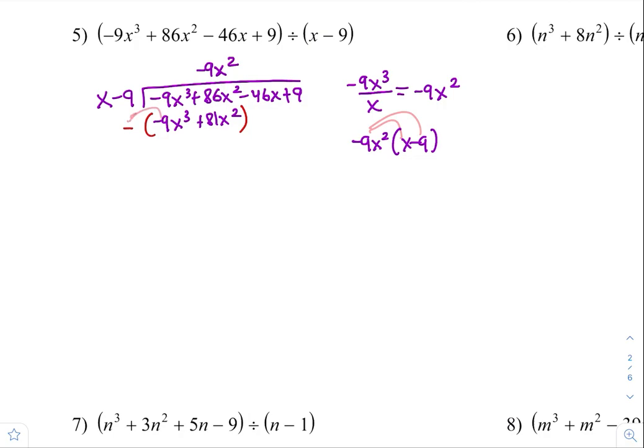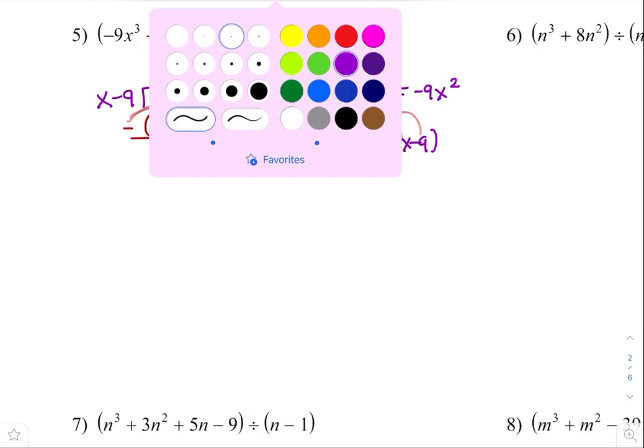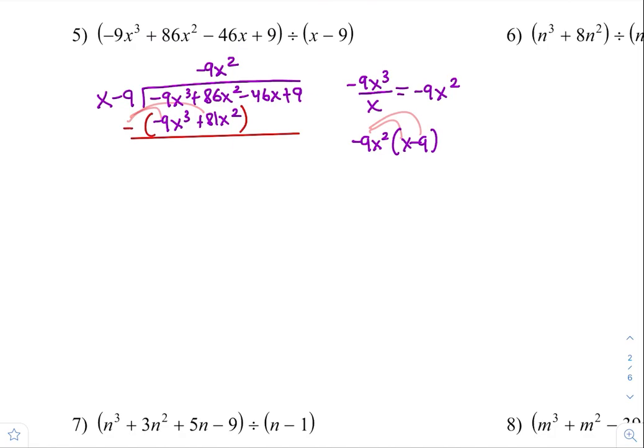Don't forget to distribute the negative sign. So negative 9x to the third times a negative is going to be a positive, so that's 0, because that's negative 9 plus 9. And then 86 minus 81, so that's going to be plus 5x squared.